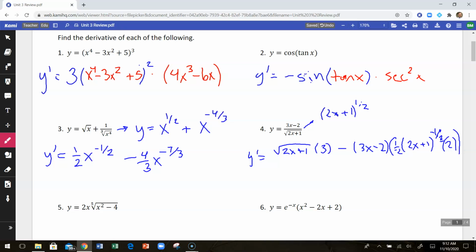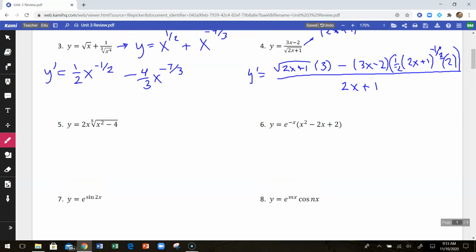And all of that is the derivative of the bottom. So again, quotient rule, bottom times derivative of the top minus top times derivative of the bottom, and then all over the bottom squared. So if I'm going to square the square root of 2x plus 1, the bottom is just going to be 2x plus 1.